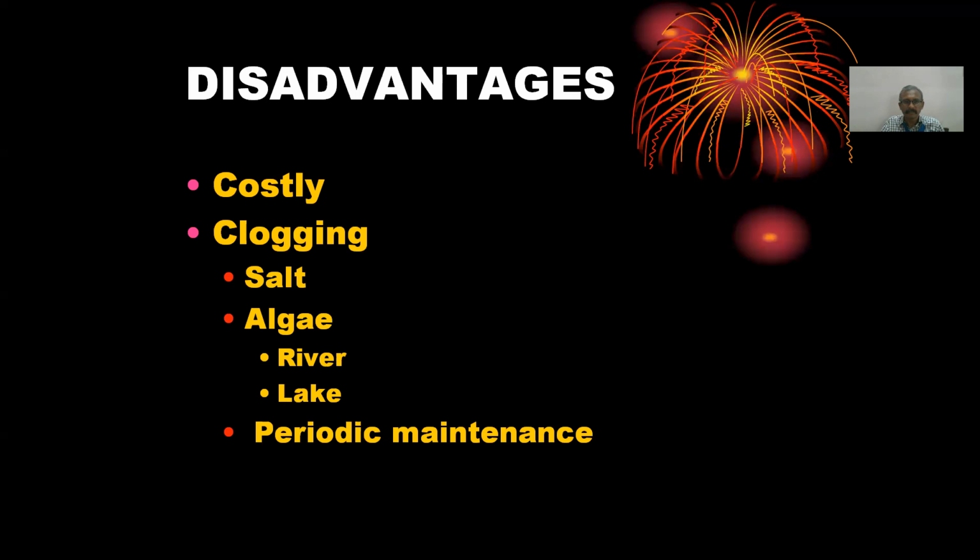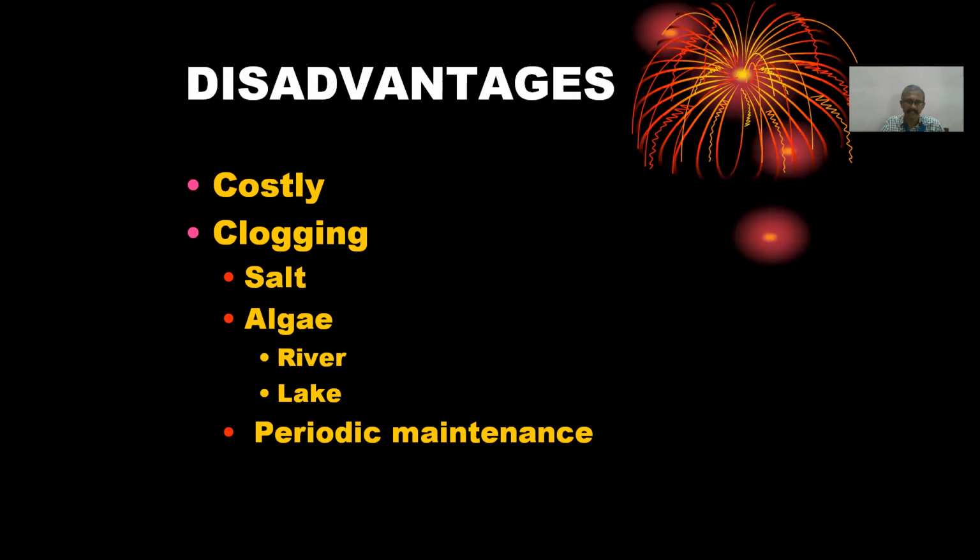In case of deep groundwaters, the water will contain salt. So when salt water is used, there is a high possibility of clogging. When one uses river and lake water, there is also a possibility of clogging because of algae development. So these are the two possibilities of clogging.